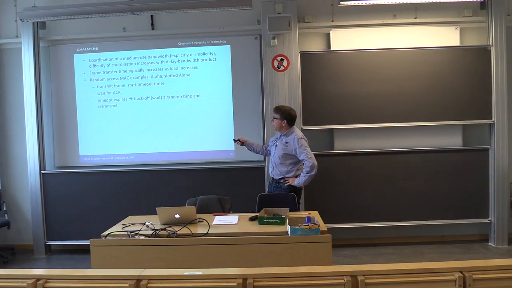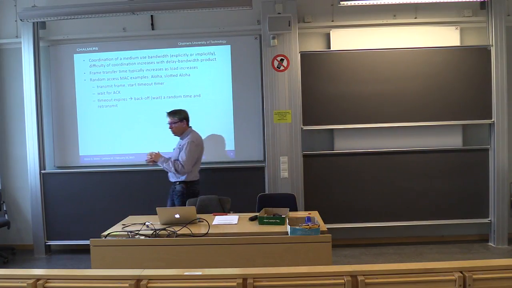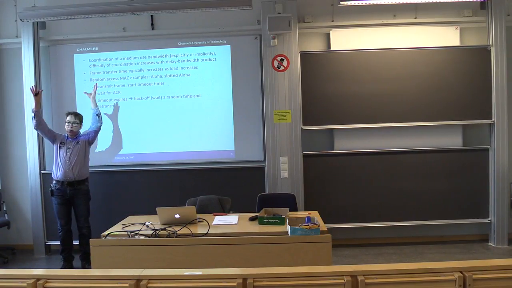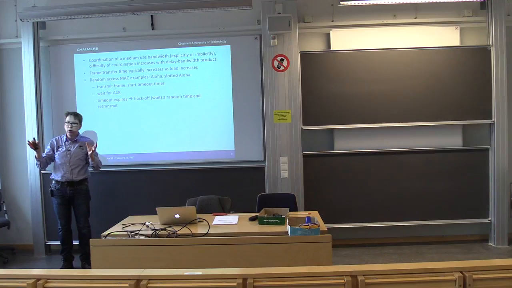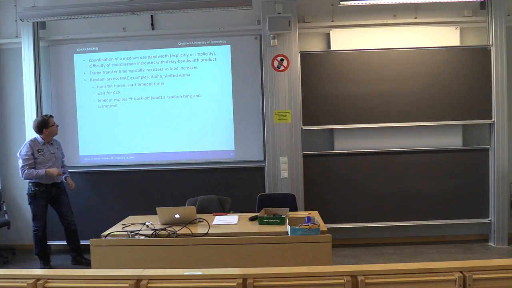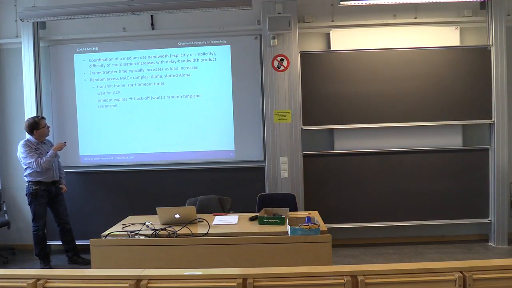That is, at the transmitter, whenever a frame is requested to be transmitted, what happens here? I'm the medium access control protocol, I'm ALOHA. So I get a frame from above, and what I do is I just send it. Then I start a timeout counter, and I wait for an acknowledgement.